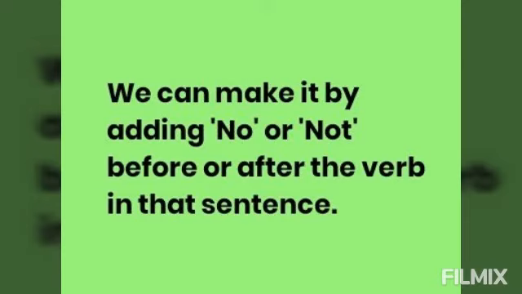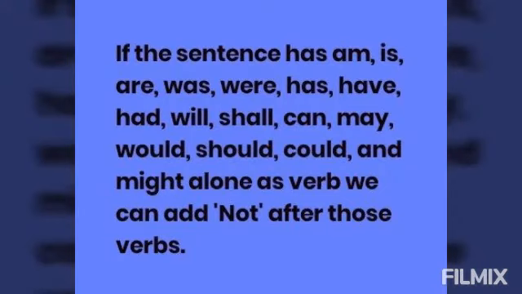Okay, if the sentence has am, is, are, was, were, has, have, had, will, shall, can, may, would, should, could and might alone as the verb, we can add not after those verbs.